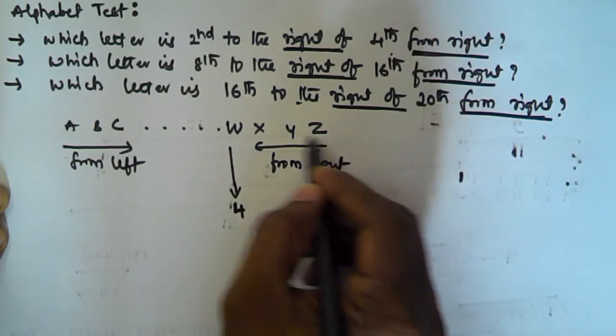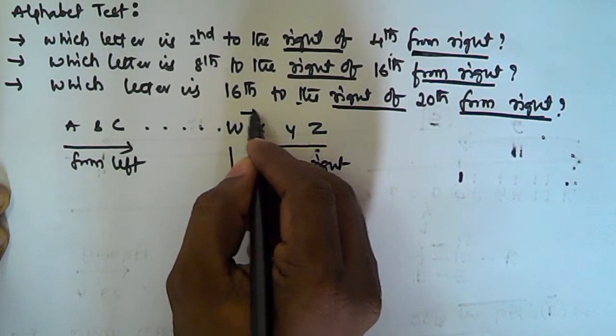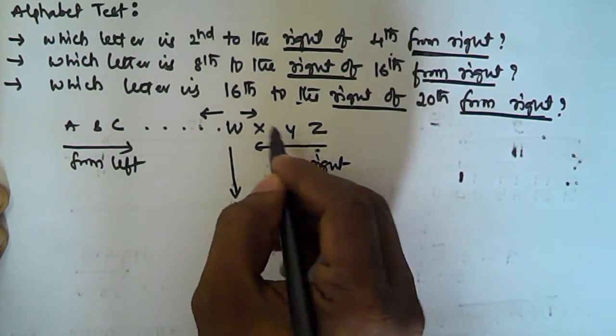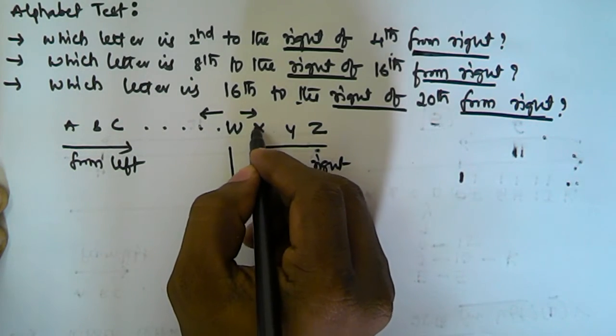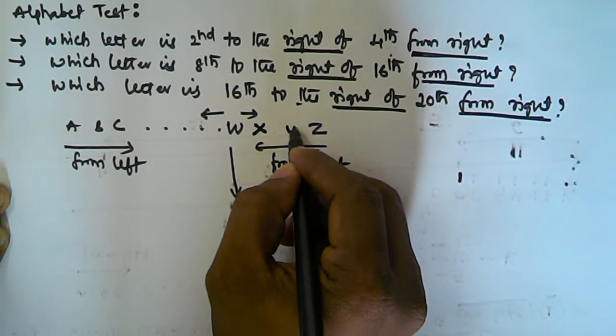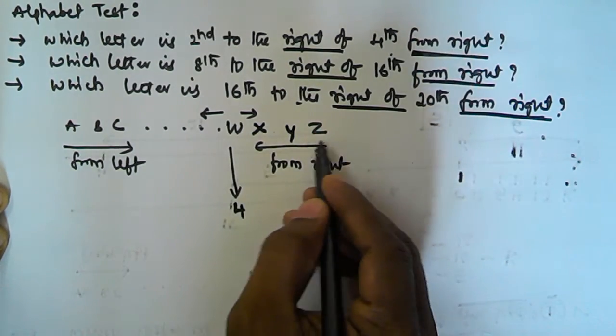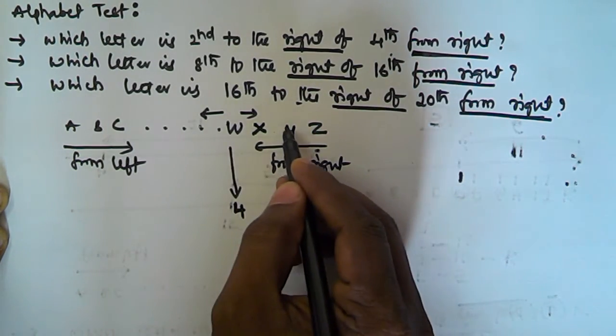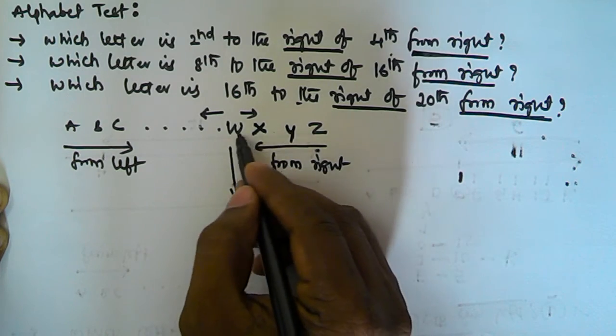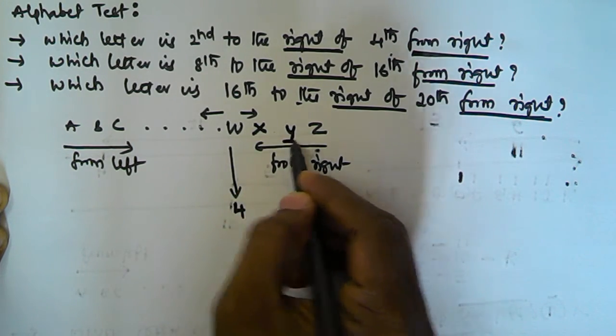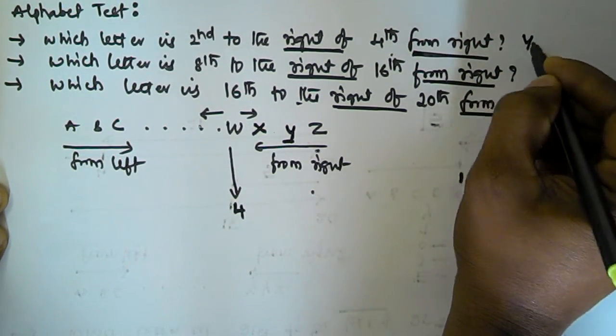This is the right side and this is the left side. First X and then Y, two positions. The fourth from the right is W, and the second to the right of this W is Y. So the answer for this one is Y.